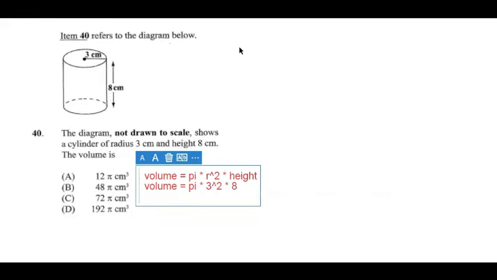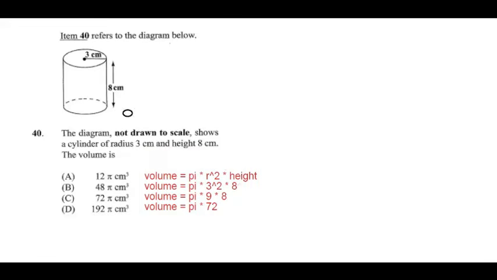So therefore volume is equal to pi multiplied by 3 squared, which is 9, multiplied by 8, and 9 times 8 is 72, and therefore answer is 72 pi, which is C. So therefore answer 40 is C.